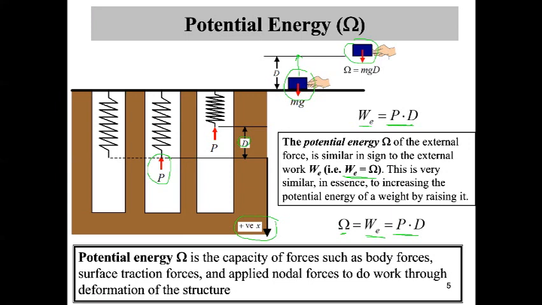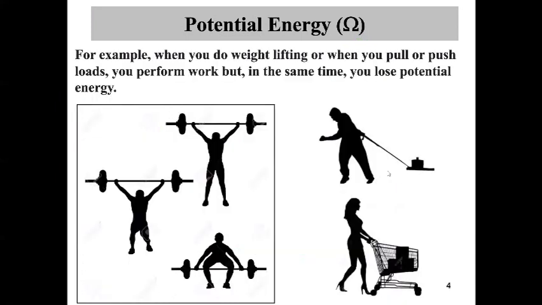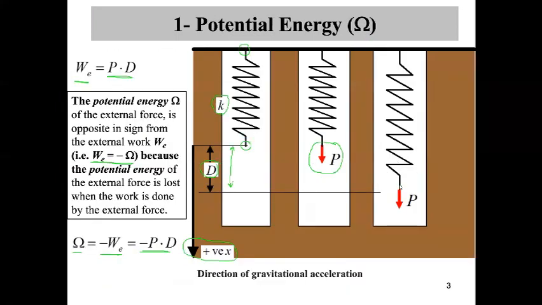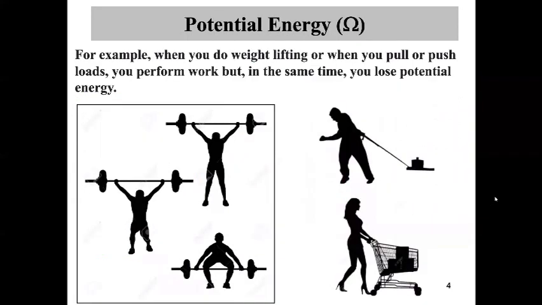Rule of thumb: replace the external nodal force with a weight of equal magnitude. Remove the attachment between the applied weight and the spring. If both the spring and the weight move in the same direction, then omega is positive. If the spring and the weight move in opposite directions, then omega is negative.